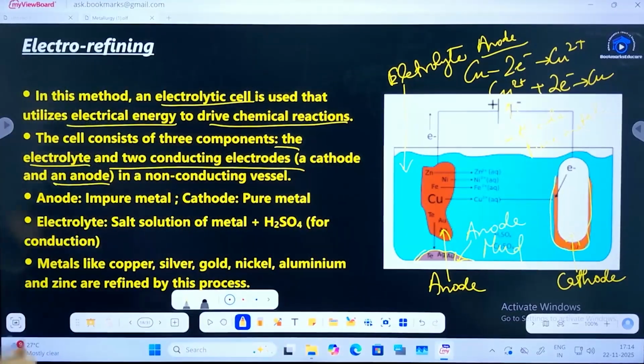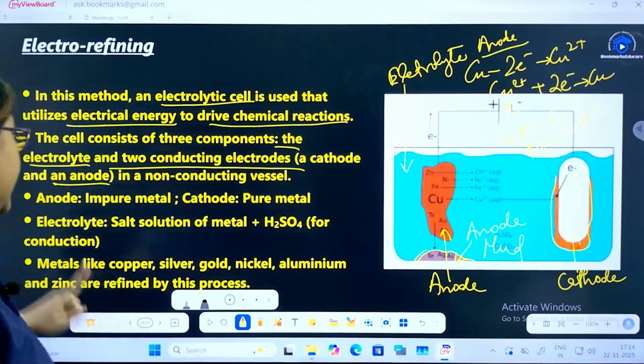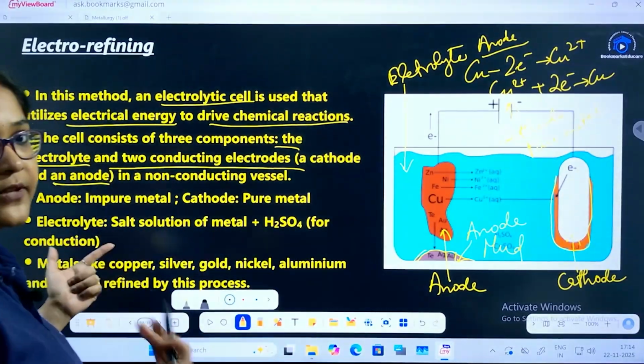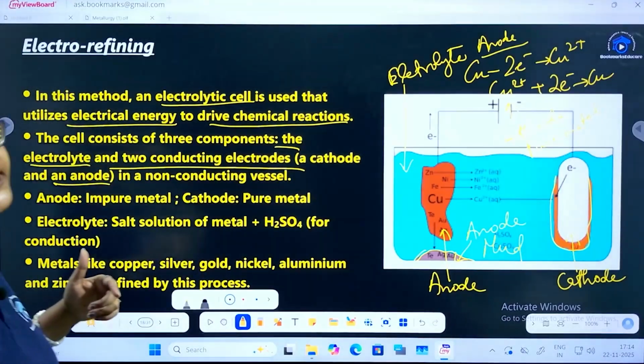So this is basically the principle of electrorefining. Metals like copper, silver, gold, nickel, aluminium are usually refined in this process.